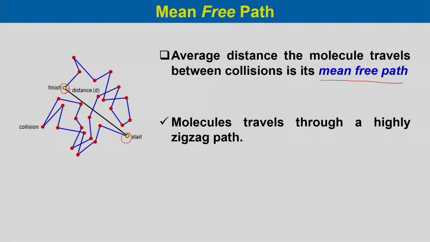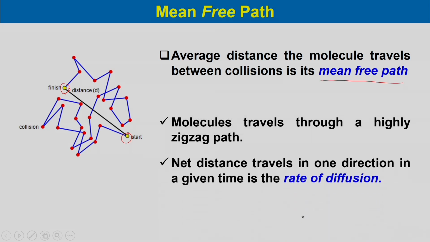The net distance d between the start and the finish gives the rate of diffusion. So, we define the net distance traveled in one direction as the rate of diffusion.